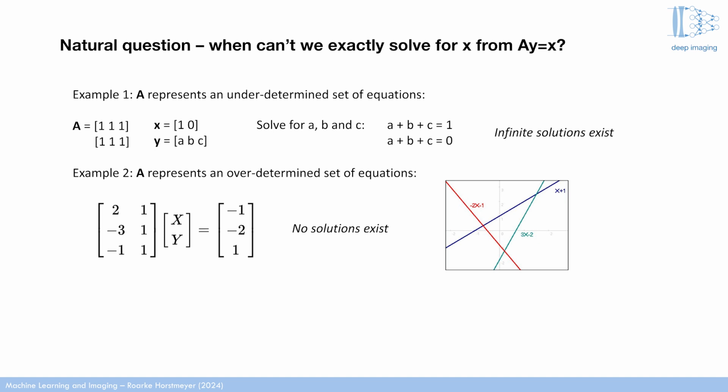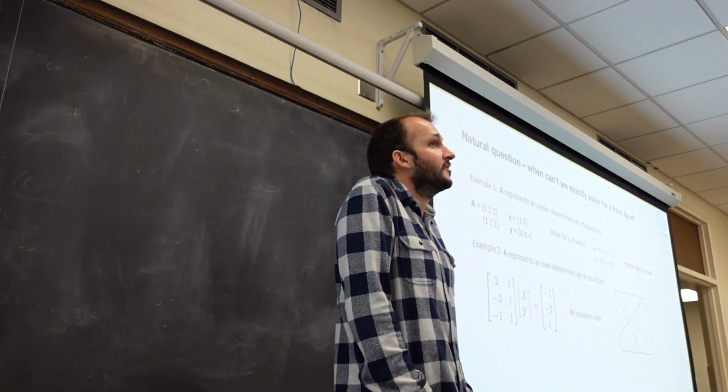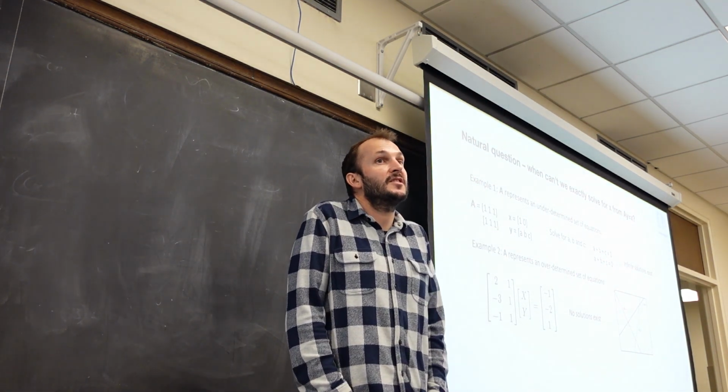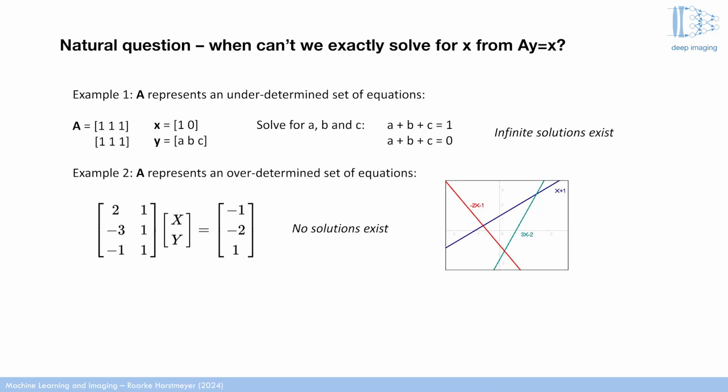So here you have 2x plus y equals -1, negative 3x plus y equals -2, and negative x plus y equals 1. Those are the resulting 3 equations from this matrix vector product. And you can see they don't intersect anywhere. You just plot those lines. And so there is no solution in this overdetermined set of equations. And so you aren't guaranteed to find the answer in that case as well.